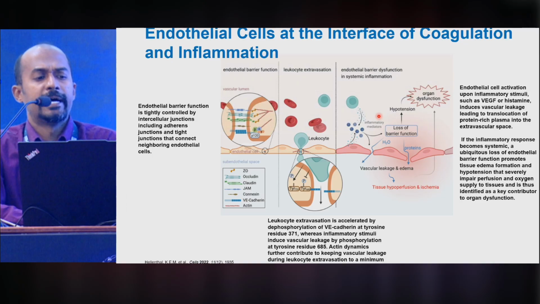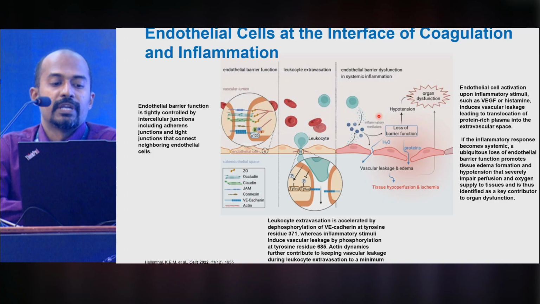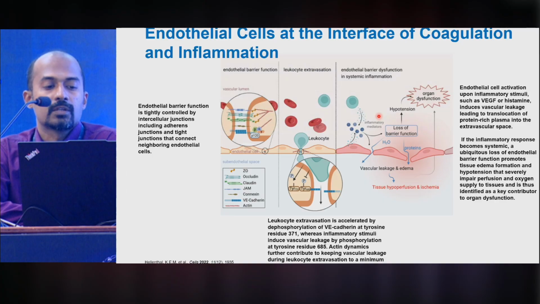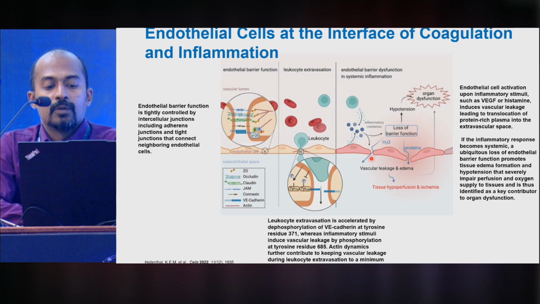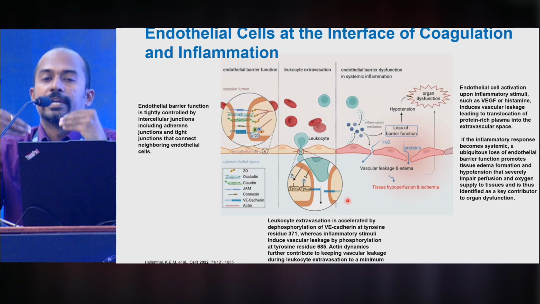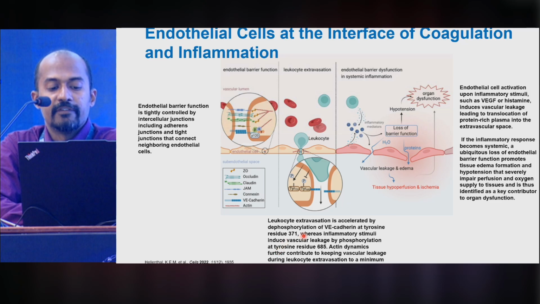Now, in terms of endothelial barrier function, it is a tightly controlled function mediated by intercellular junction proteins and tight junction proteins such as zonula occludens, occludins, claudins and so on. Now, what happens during leukocyte extravasation? At that time, VE-cadherin between the endothelial cells becomes phosphorylated at a specific residue, tyrosine 371.